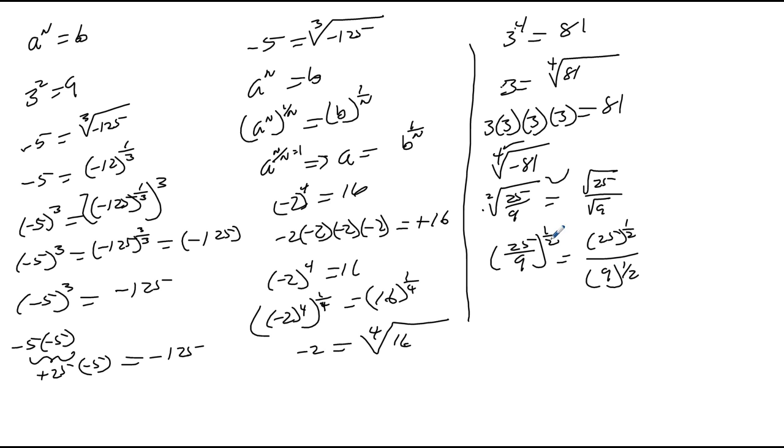Because from that exponent operation we studied before, we know we can distribute that 1/2. Because 25 raised to the power of 1 times 1/2 is 1/2, and 9 raised to the power of 1 times 1/2 is 1/2.